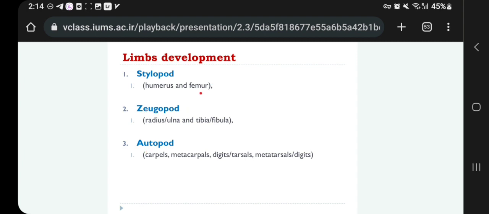Stylopod makes the humerus and femur. Zygopod is the forearm, the bones of the radius and ulna, and in the lower limb, tibia and fibula. And autopod is the hand: the carpal bones, metacarpal and digits, and in the lower limb, tarsal, metatarsal, and digit bones.